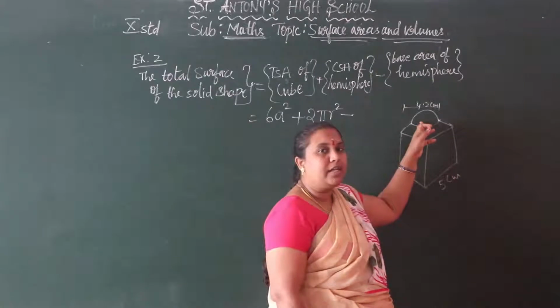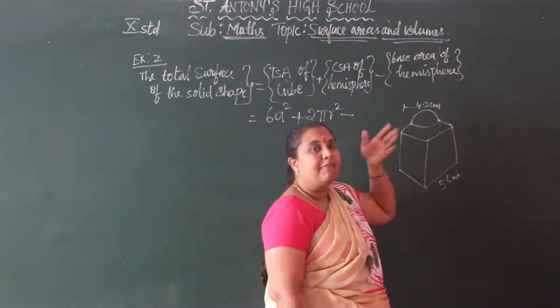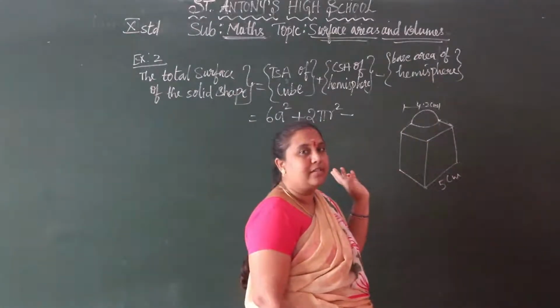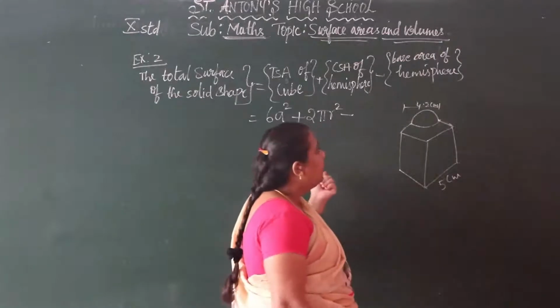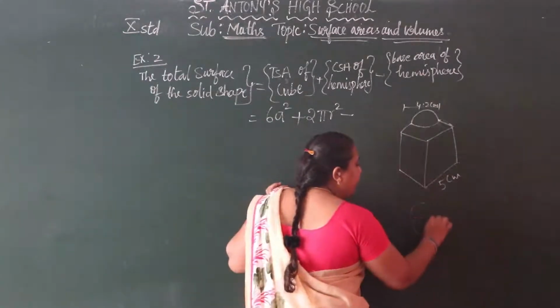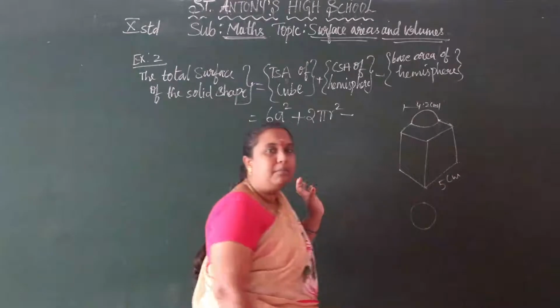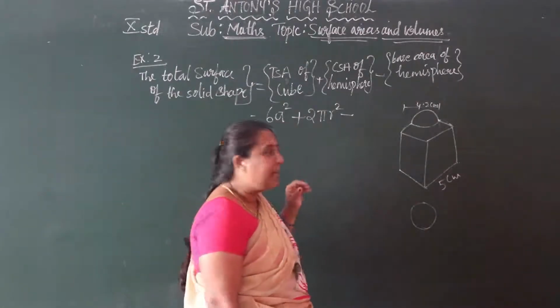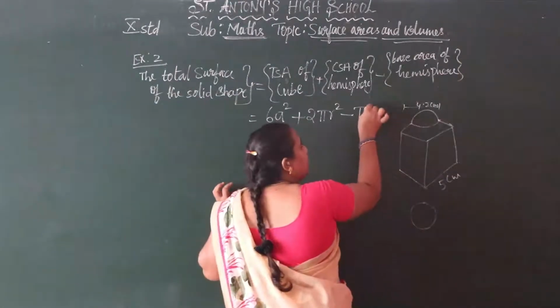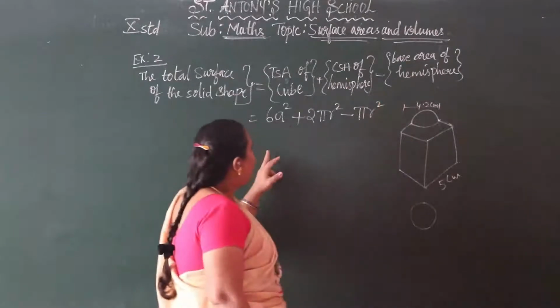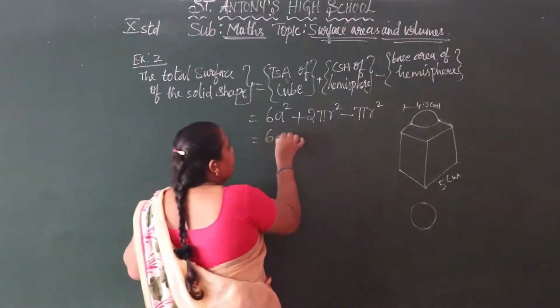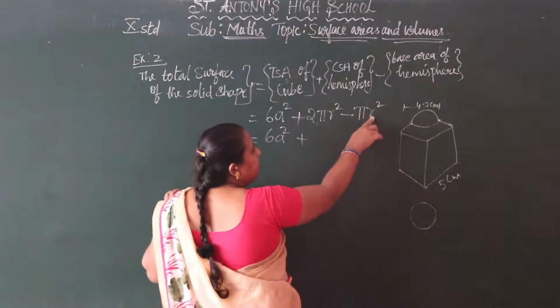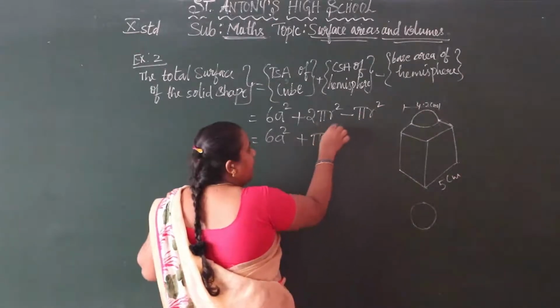The base area of hemisphere is a flat circular surface. What is the formula for area of circle? Area of circle is pi r square. So we subtract pi r square. Now we have 6a square plus 2 pi r square minus pi r square.